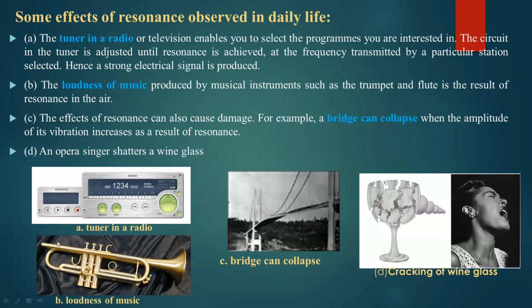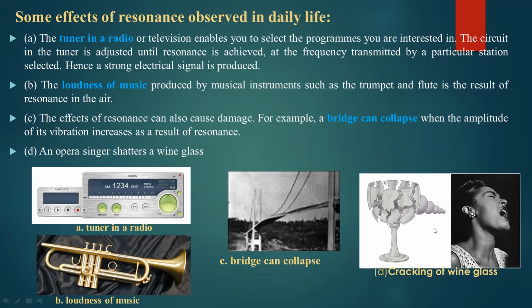The positive one is that we can get loud sound from different kinds of musical instruments like trumpets. The worst effect is the collapse of a bridge. For example, a bridge can easily collapse because of resonance. You can also see the wine glass that breaks because of an opera singer singing near the glass.